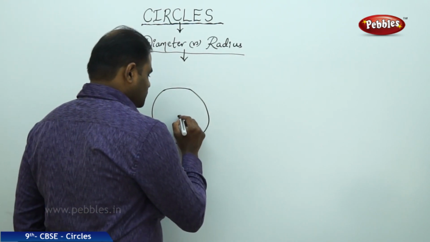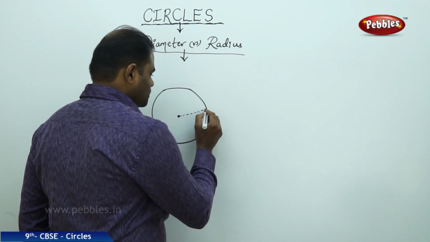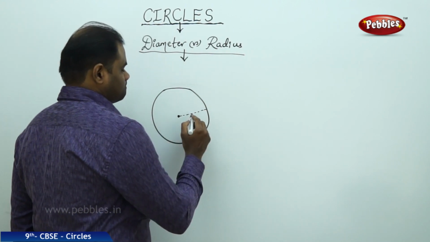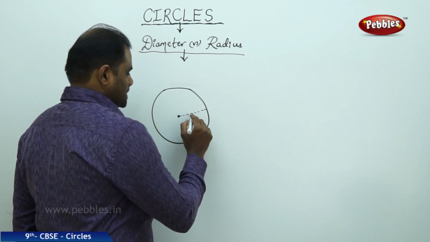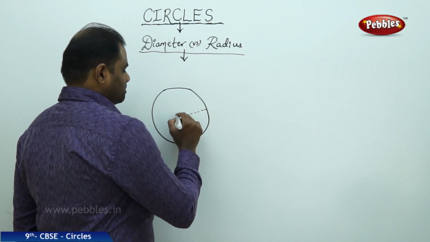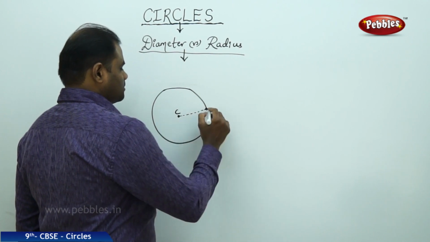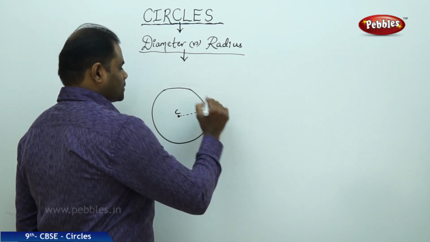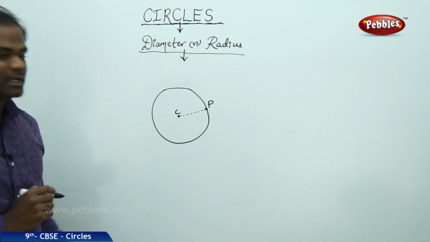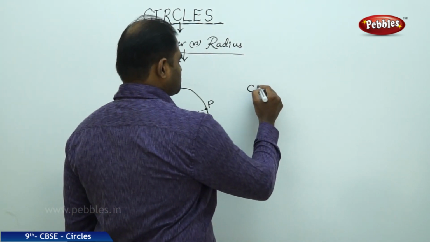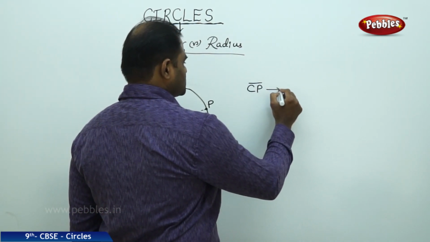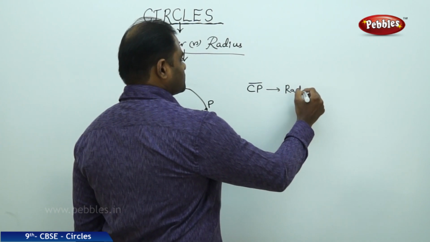So here I have this distance to be the radius. C is the center, say P is out here. So clearly the line joining the fixed point to any point in the circle, that is CP, is the radius.